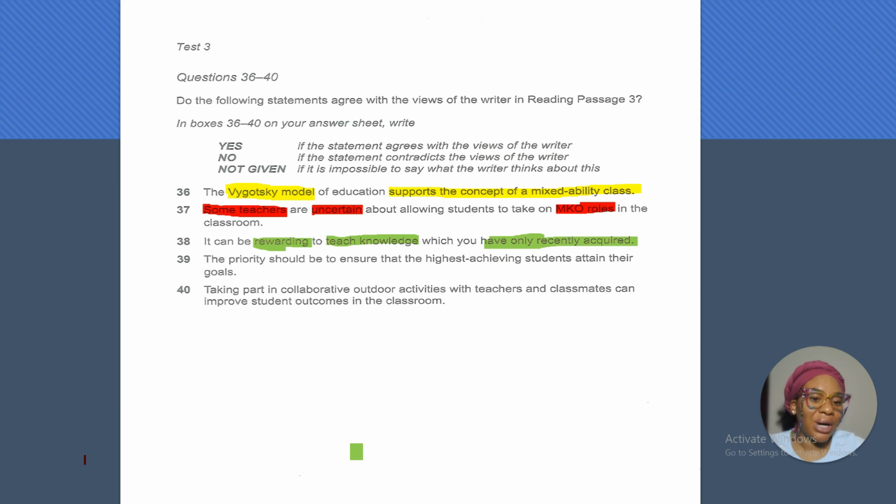That's enough, okay? You don't have to memorize it. The one you really need to try and memorize now is 37, because that's where we are at, which says that some teachers are uncertain. So they're not really sure about allowing students to take on MKO roles in classrooms. You have to go back to the passage to know what exactly that means, right?